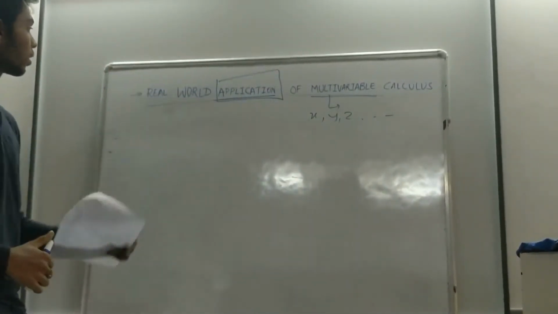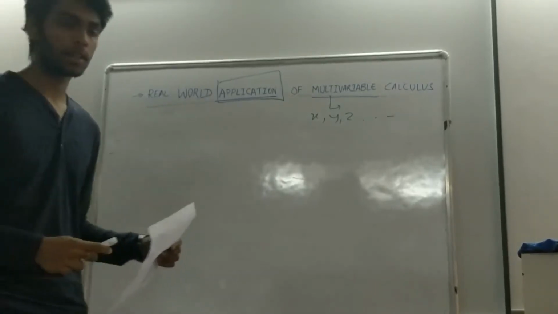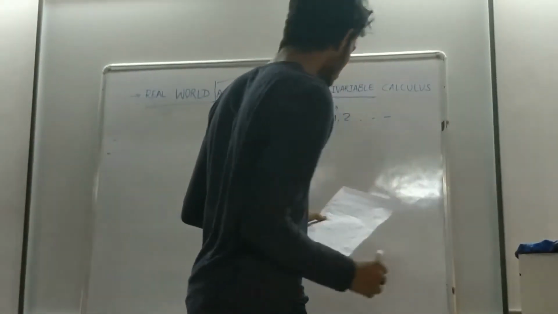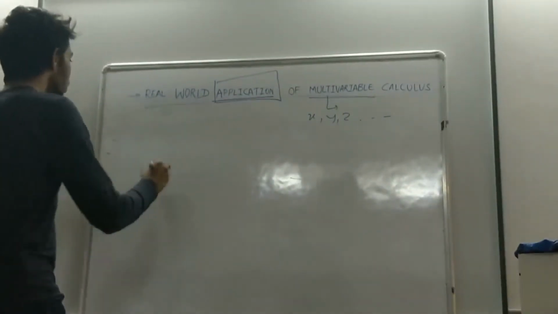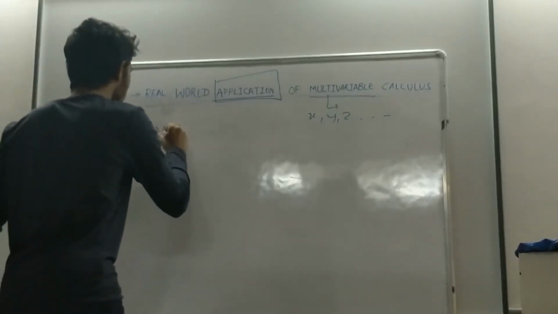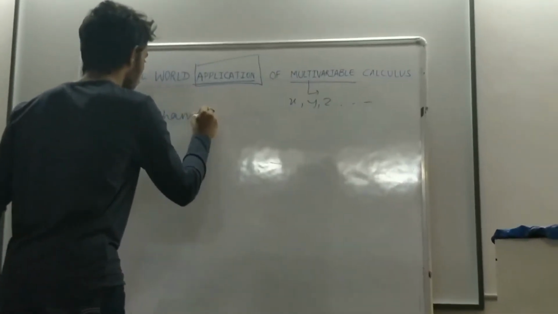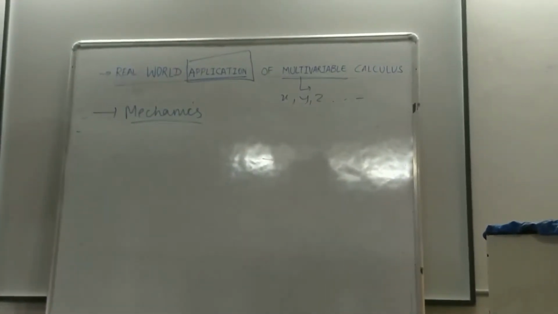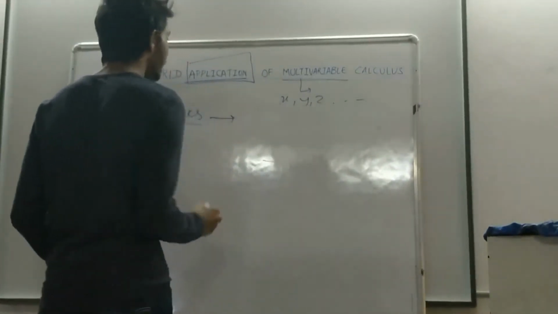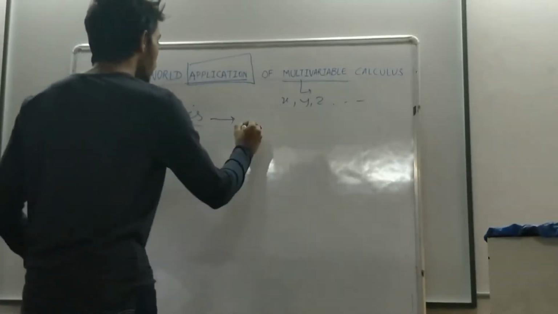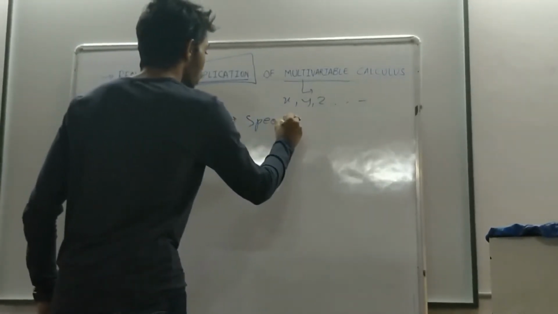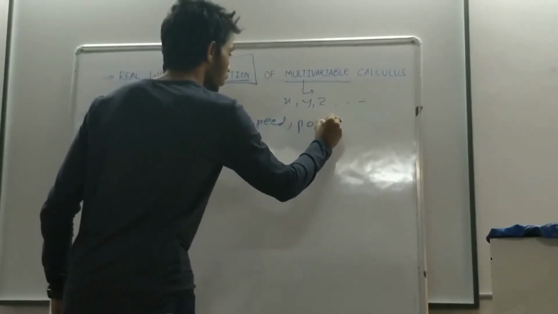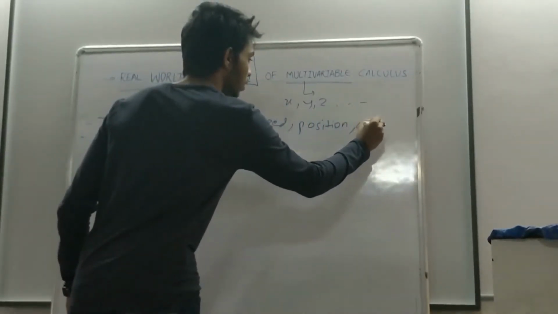I can use this phenomenon to help me calculate various things. So first let me come to the part of mechanics. Multivariable calculus is extensively used in mechanics where I can use it to find relationships between speed, position, as well as acceleration.